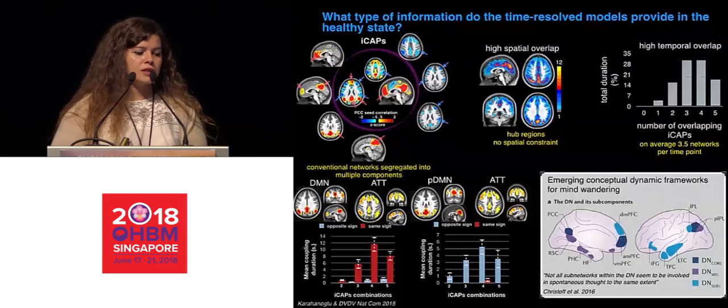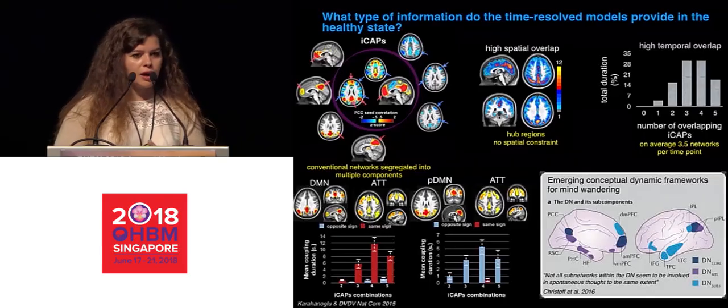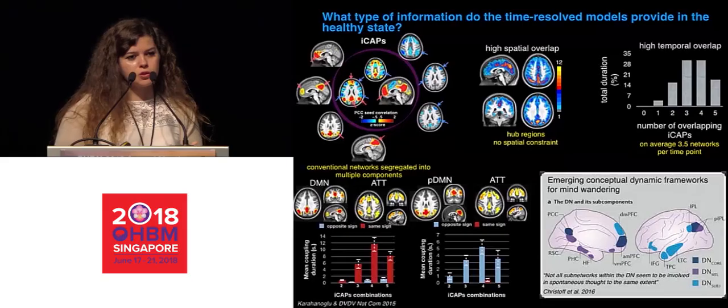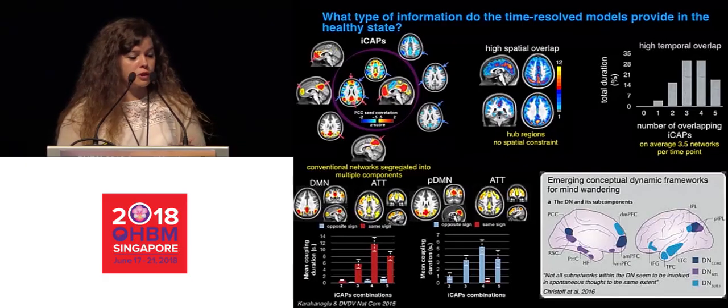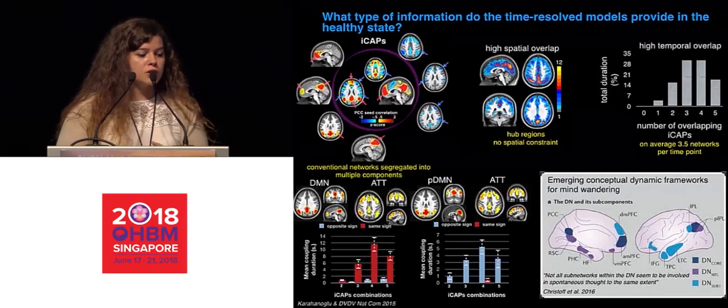What this tells us is a corollary to what is emerging in the conceptual dynamic frameworks for mind wandering, which state that not all subnetworks within the default network seem to be involved in spontaneous thought in the same manner.